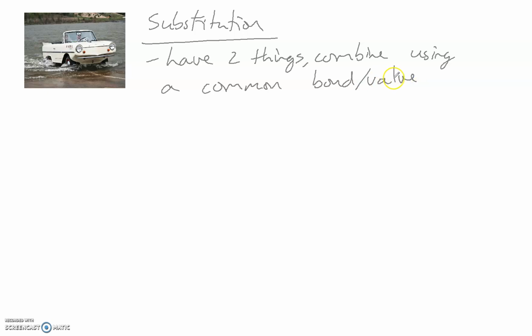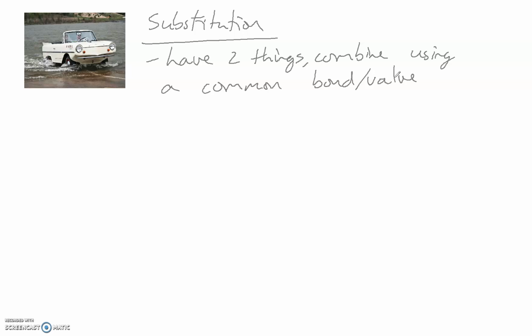There's certain things they have to share in order for them to come together. Same as a boat car, they have certain things in common. You can put the two things together, but they still have individual things that are a little bit different. That's the basic idea behind substitution.